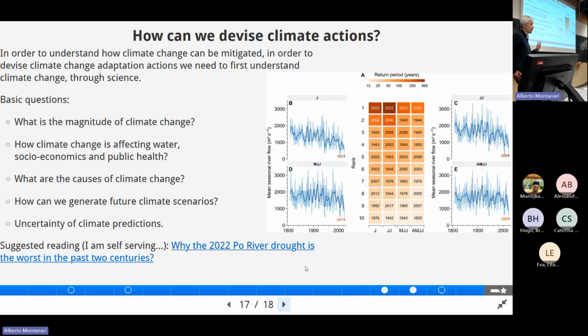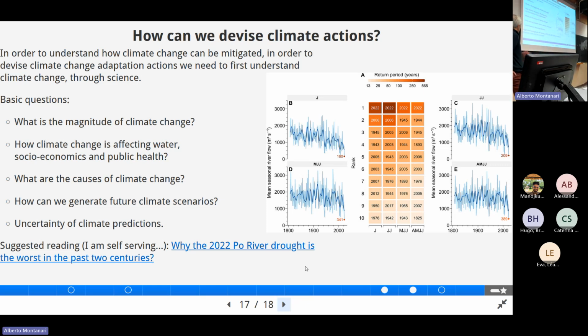If we cannot quantify uncertainty, it's a big issue. And to find solutions, we need predictions. No problem if the predictions are uncertain, but if they are, and they are for sure, then we should make an effort to quantify it.